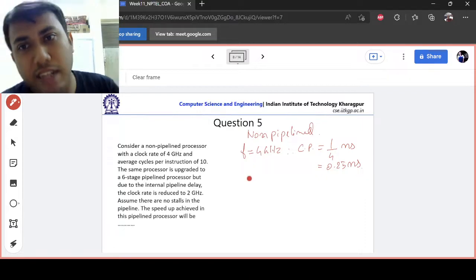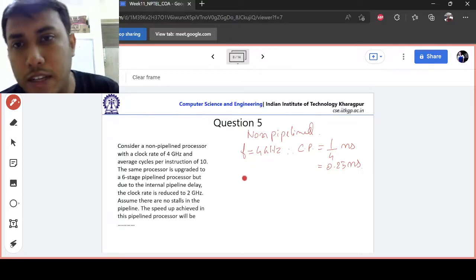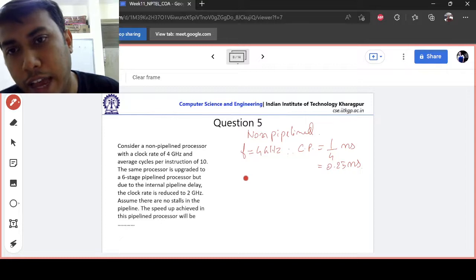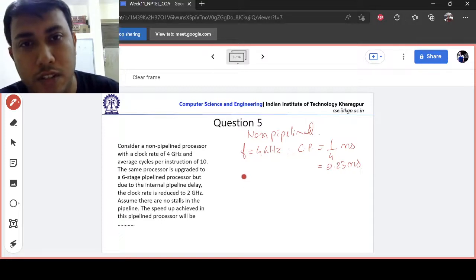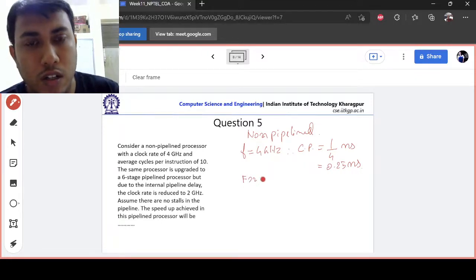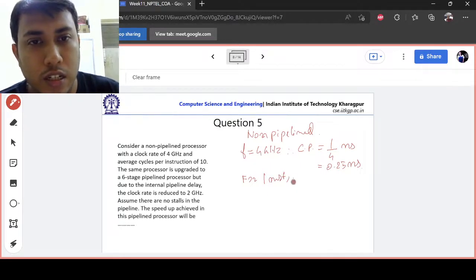Next, the average cycles per instruction is 10. That is, for one instruction, 10 cycles are required.